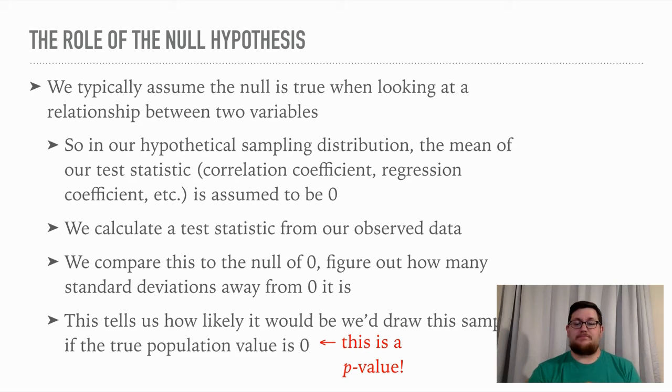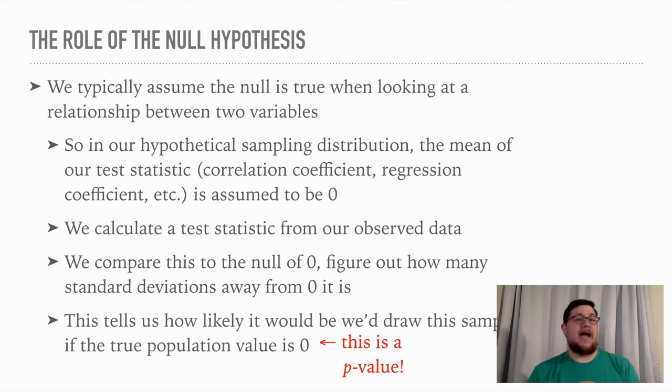That's it. This tells us how likely we'd be to draw this sample if the true population value is 0. That's a p-value. It's the chance of committing that type 1 error, that you reject the null even though it's true. Okay, so that's the chance. So let's go back to our prior example, 2.5%, p equals 0.025.